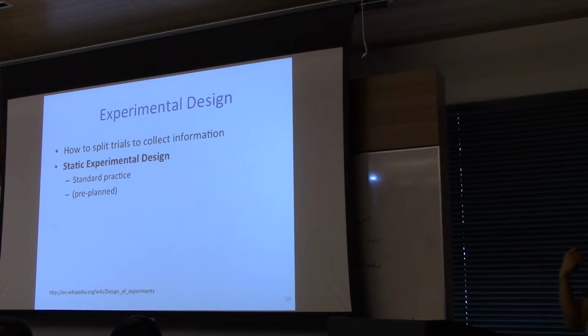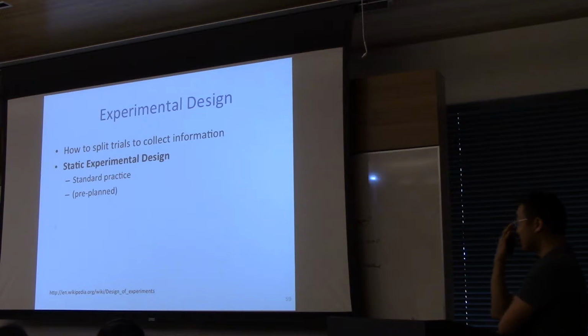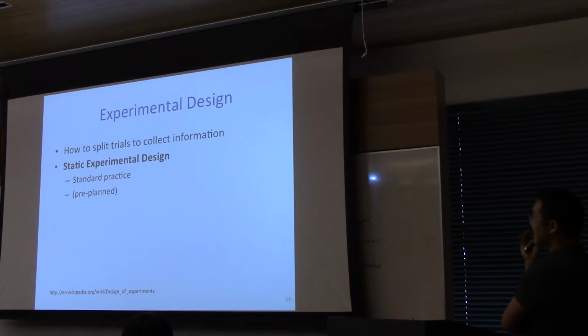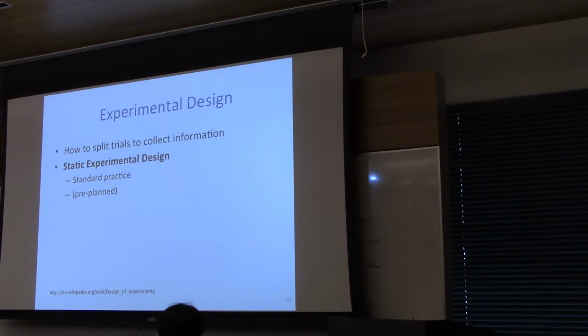Turns out that this has strong connections to experimental design, right? So, for example, let's say in clinical trials, one way to do experimental design is to split subjects into control or treatment to collect information. Most experimental designs for clinical trials are static experimental designs, which is pre-planned, right?